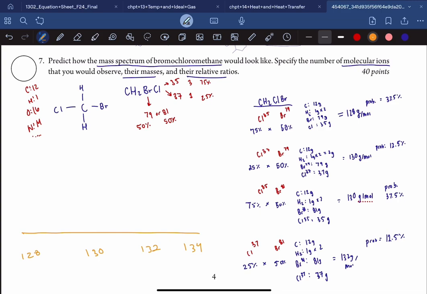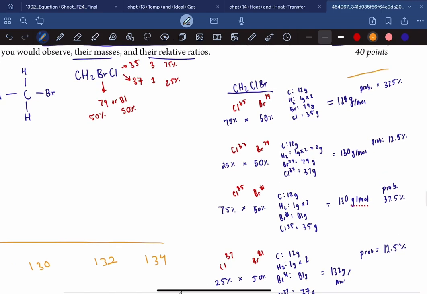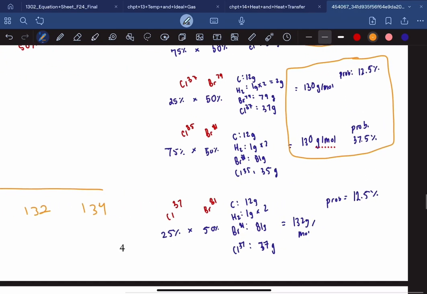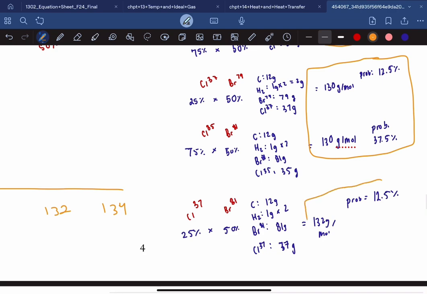Like this is the weight. So the probability that we get 128 grams is 37.5. The probability that we get 130 grams is these two added. And then similarly, the probability that we get 132 grams is just 12.5%.